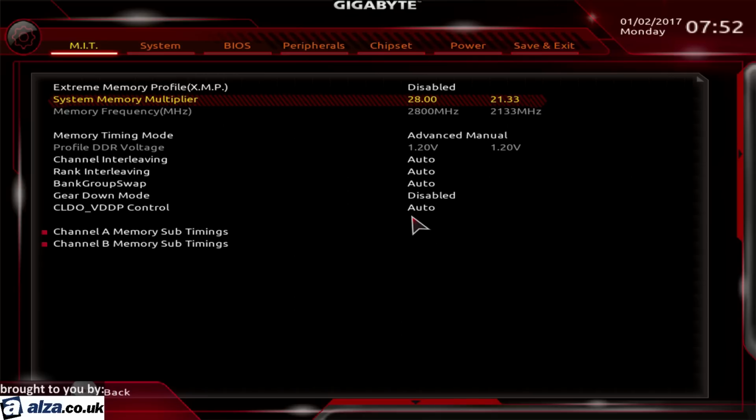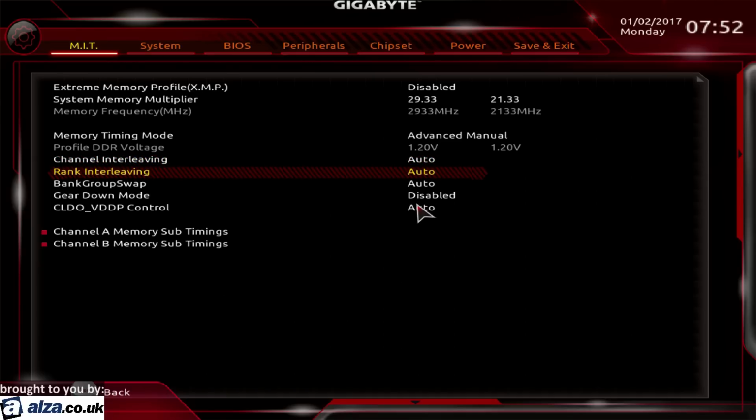But for most configurations, starting at 2933 should be fine. If the system doesn't post, go all the way down to 2400 or 2666. But unless you're running 4 DIMMs or 16 gigabyte memory sticks, or some really high capacity configuration, you shouldn't need to start that low. And even then it should work at 2933.